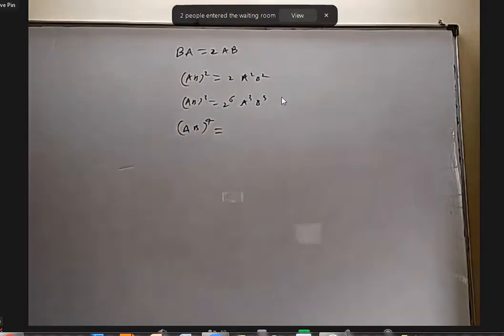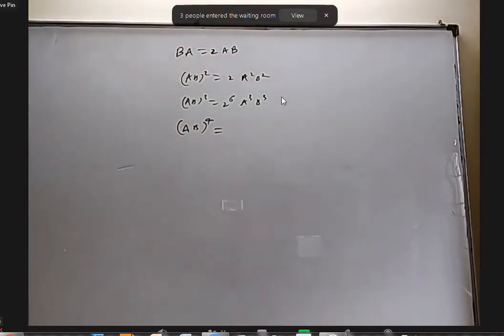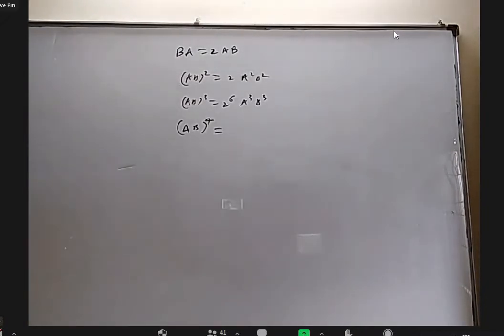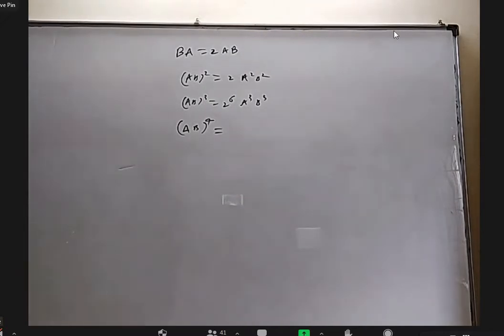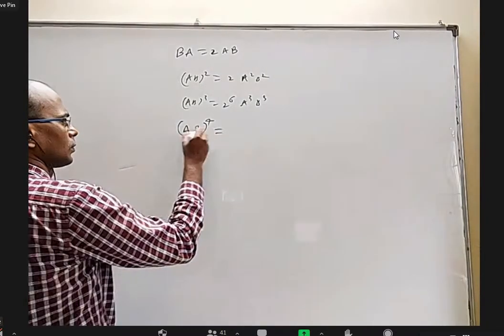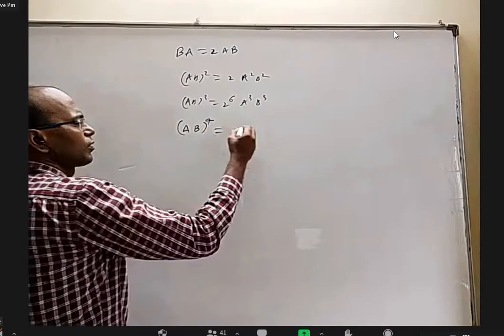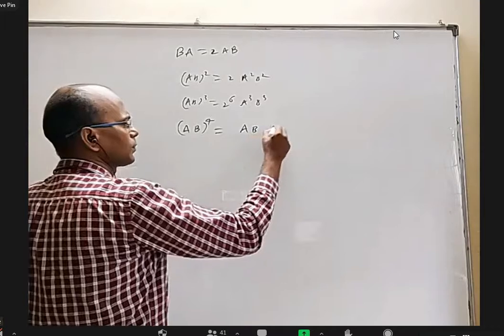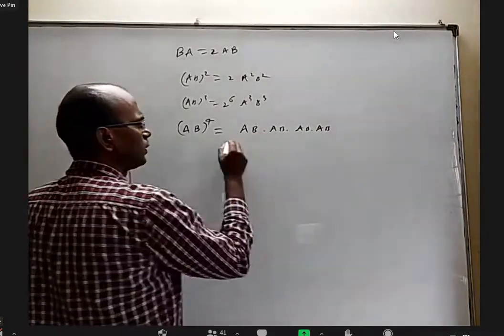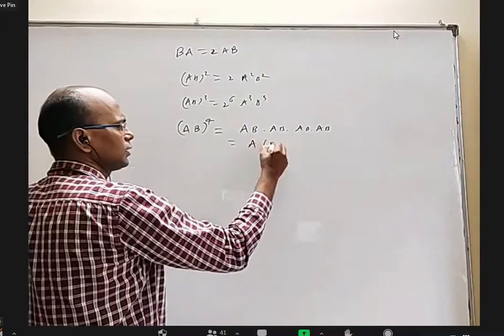Some of you completed, but I wanted to write the details of that. (AB) whole power 4, I can write AB into AB into AB into AB. Rearranging it, I can write A into BA.